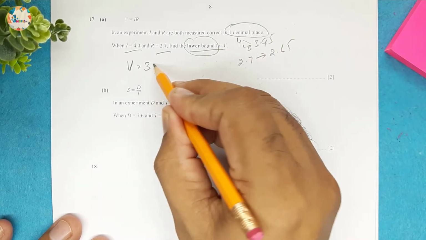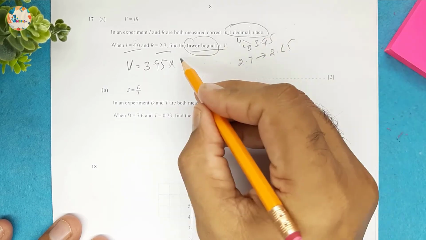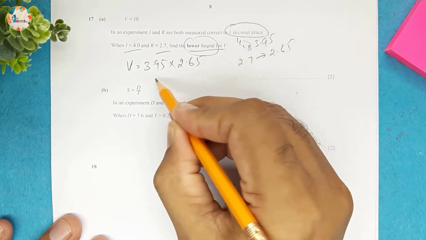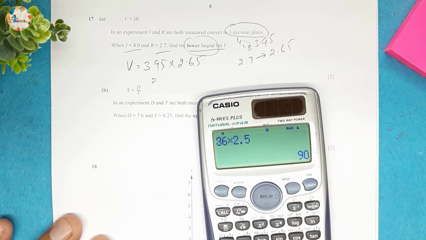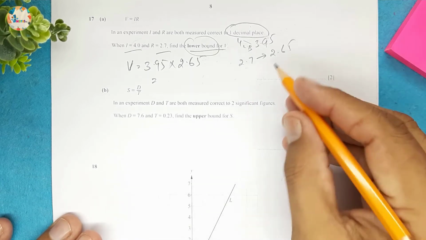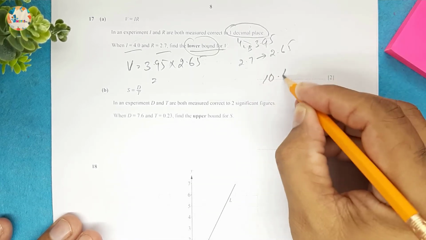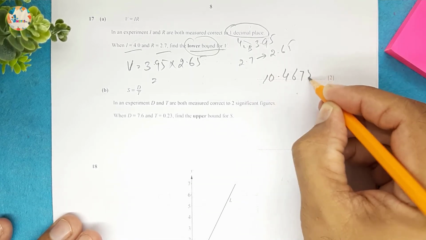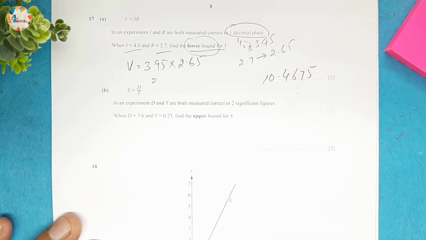So 3.95 multiplied by 2.65, and this will result in 3.95 into 2.65 is equal to 10.4675. This will be our answer.